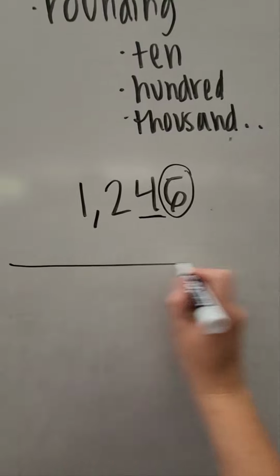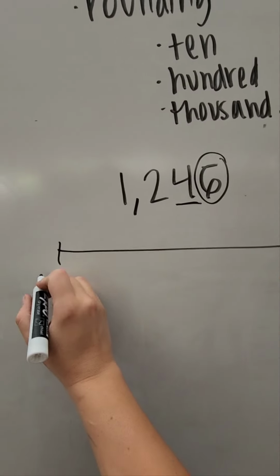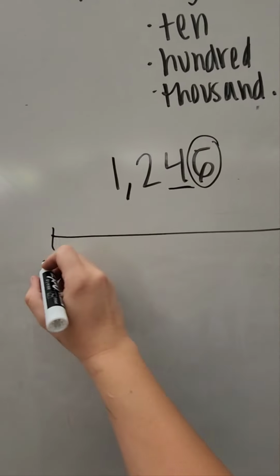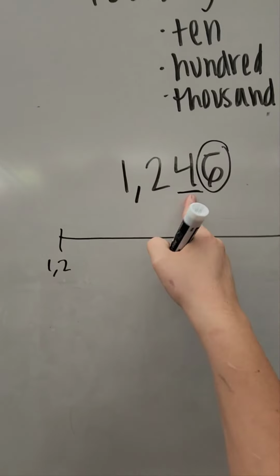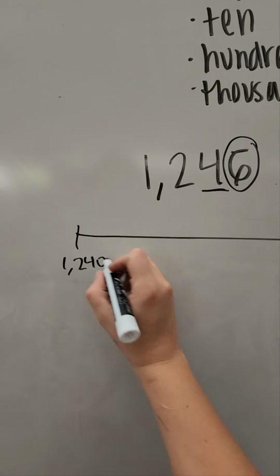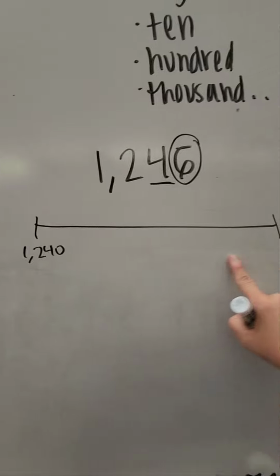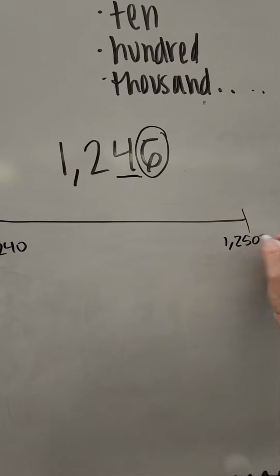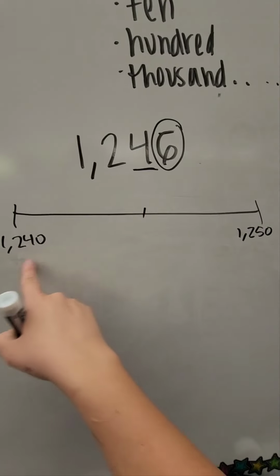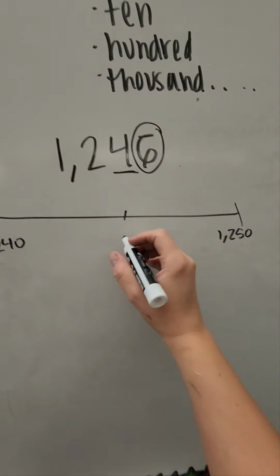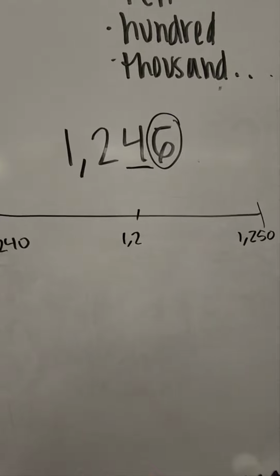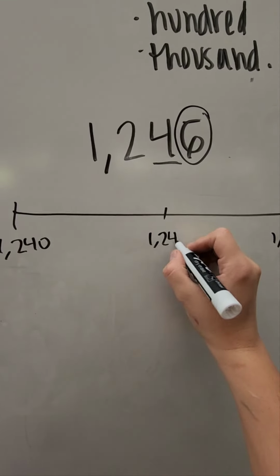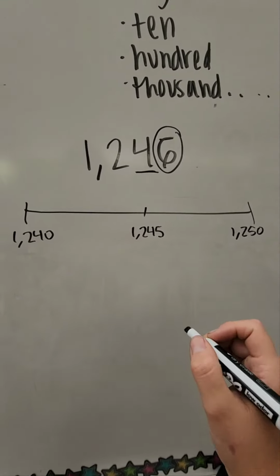Okay, and if I was using a number line, then I would start with 1,240. Then what's my next 10? What's after 40 is 50. Okay, what's between 1,240 and 1,250? 1,245.